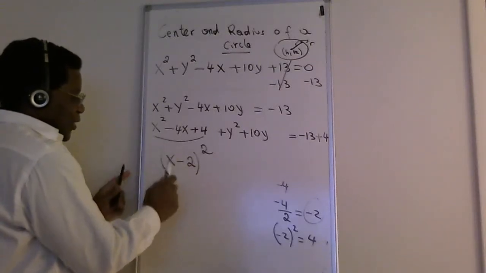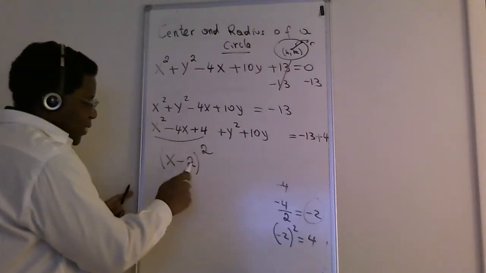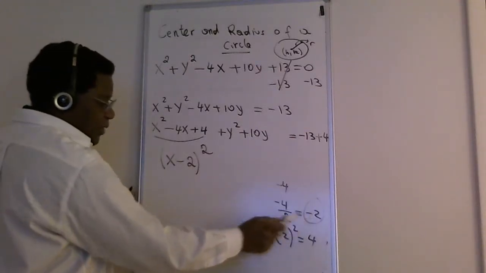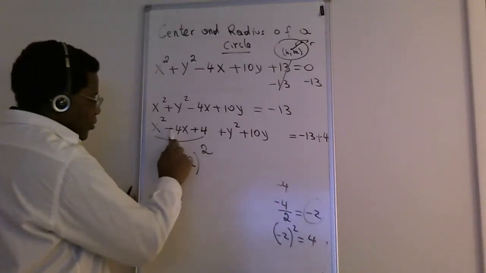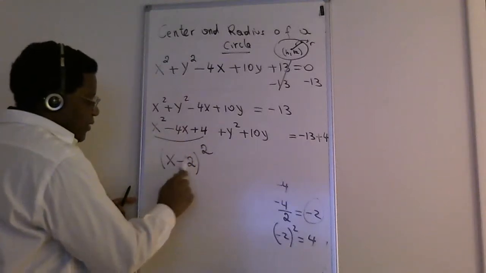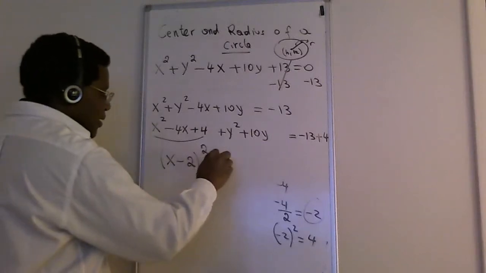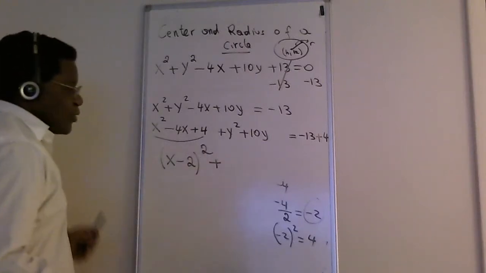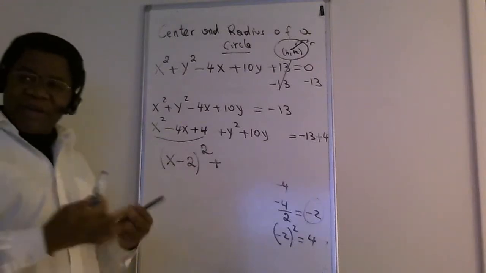So we can rewrite it as x, always x, plus or minus, it depends on this number that you got by dividing the coefficient of x by 2. So negative 4 divided by 2 gives you negative 2. That's the negative 2 that you see here, and then you're going to square the whole quantity. And then plus. So then we're done with the x terms.